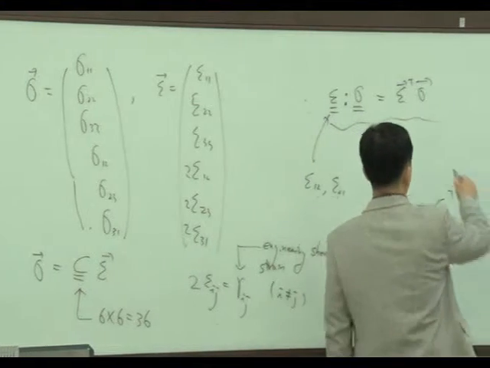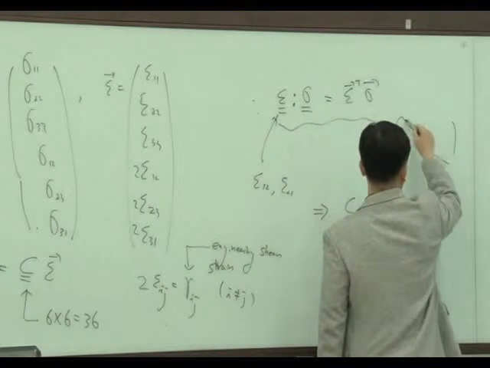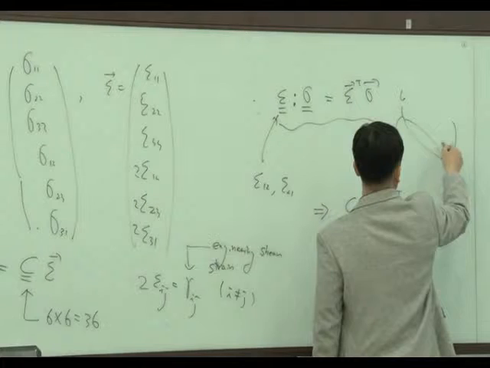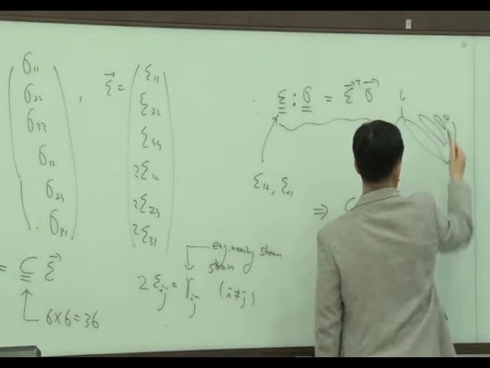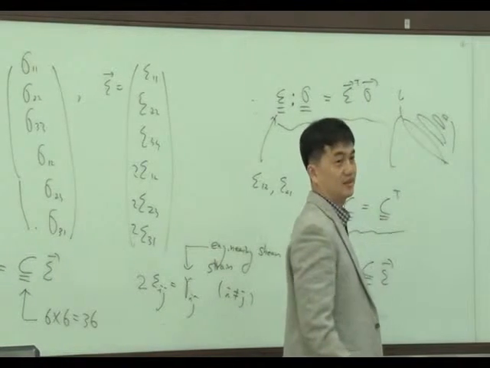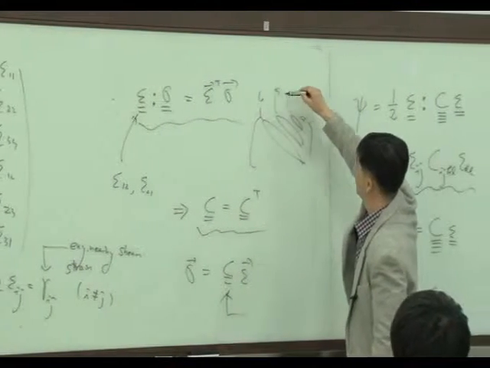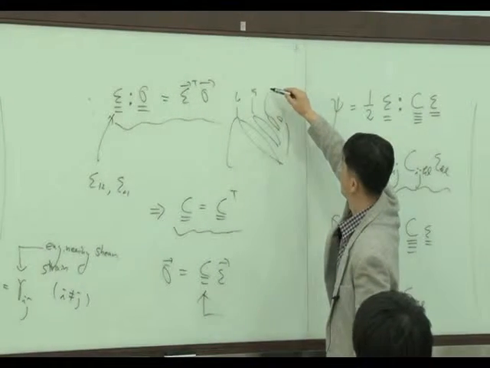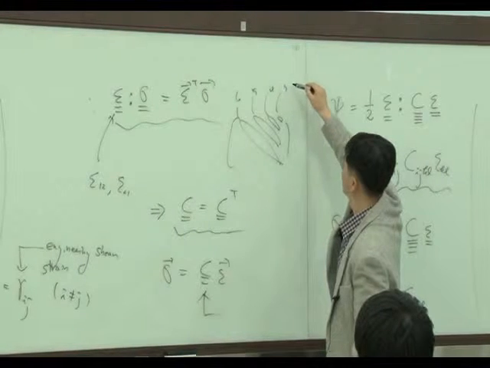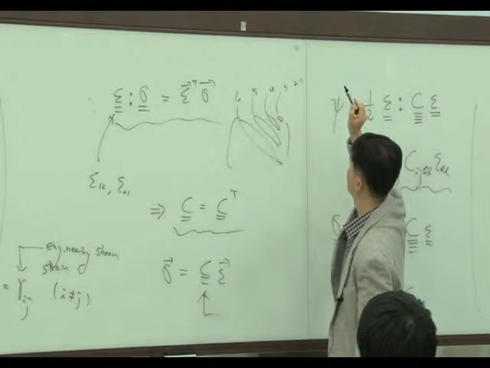So your diagonal is 6, and next maybe 5, 4, 3, 2, 1, right?